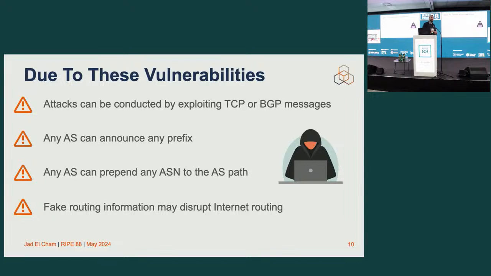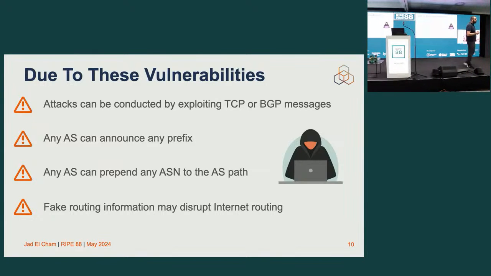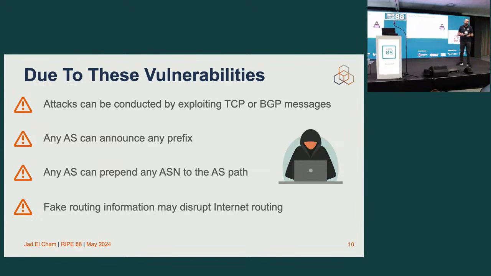So if we wanted to summarize these vulnerabilities, because of these, BGP is prone to different sorts of attacks. Because of the lack of freshness and integrity and all of this, the attacks can be done by exploiting the TCP stack itself or the BGP messages themselves. But practically, if we're targeting BGP, we can hijack any IP prefix, all right?